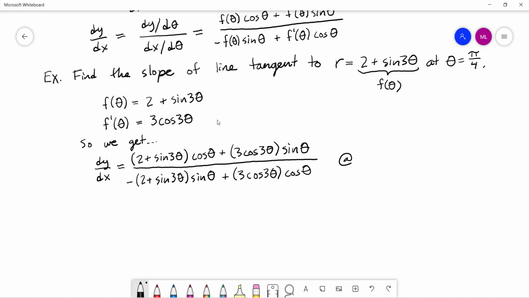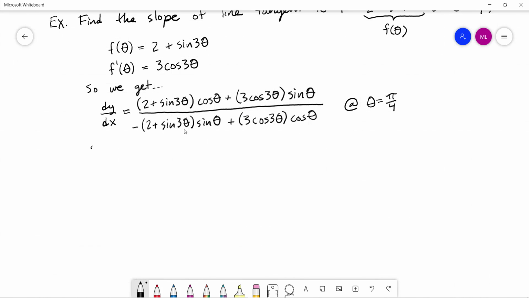So at theta equals pi over 4, then we get a couple of things. We need to know what sine of theta is and cosine of theta, but also sine and cosine of 3 theta. So sine of pi over 4 is root 2 over 2.